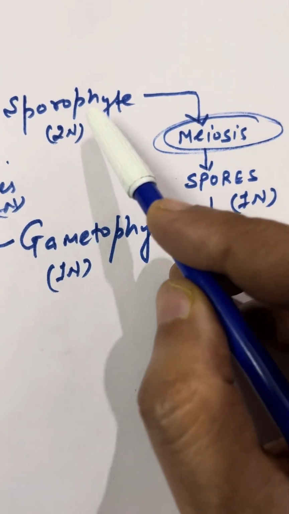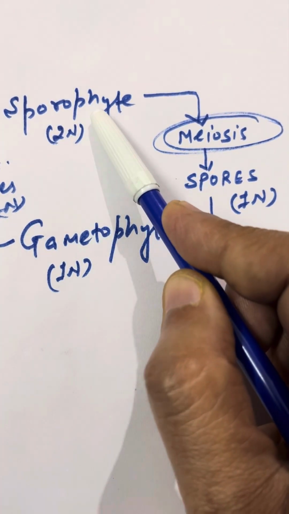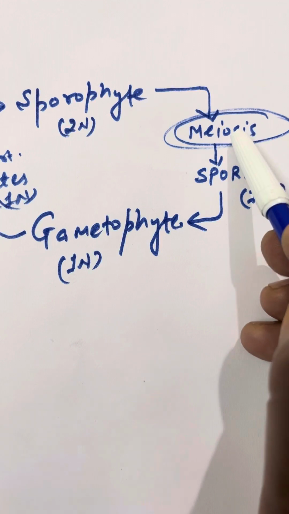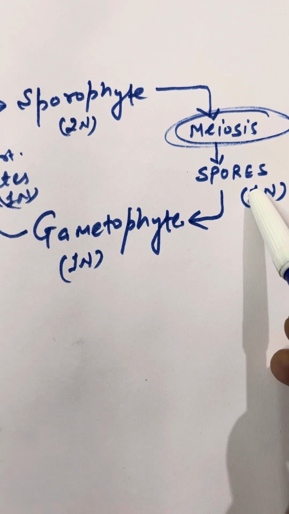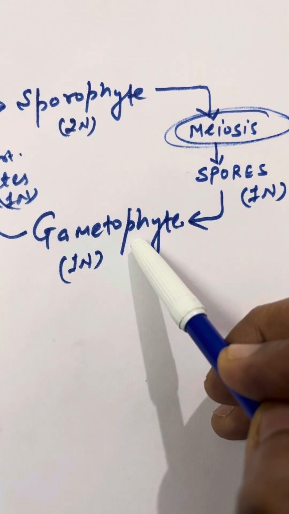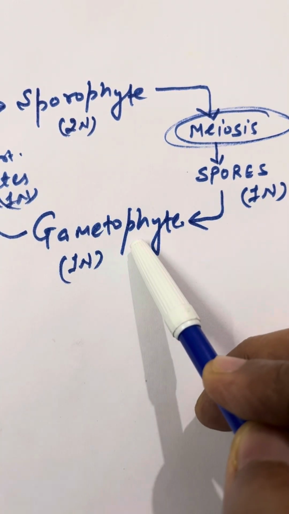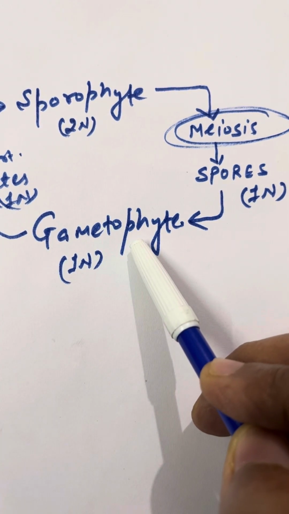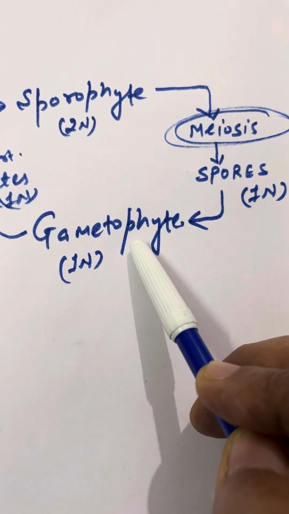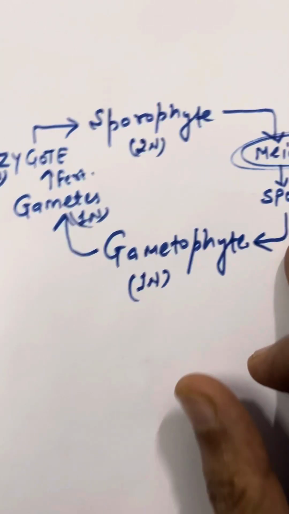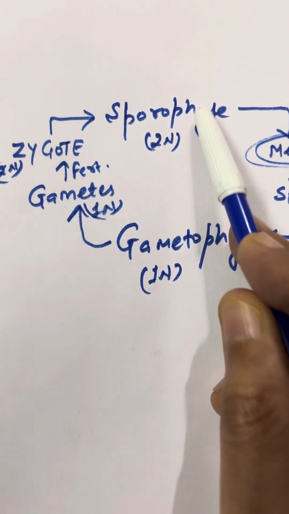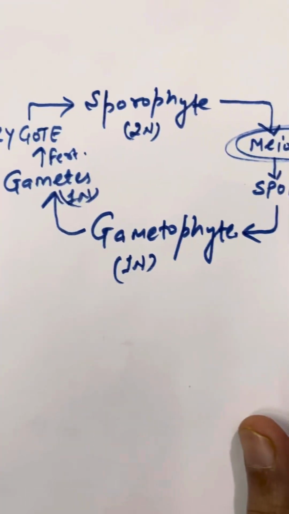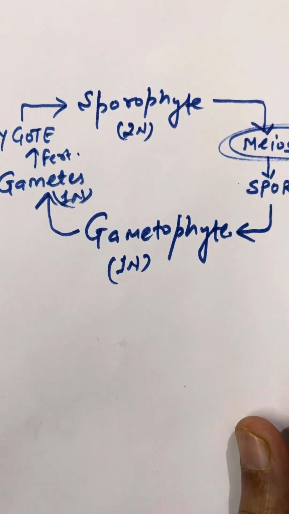So the angiosperm plant has flowers, and flowers have some parts which undergo meiosis to form spores. Those spores will form gametophytes, which will not be growing in the soil. These stages will be represented by a few structures, and then gametes will be there, zygote will be there. Some plants form seeds, like gymnosperms and angiosperms.